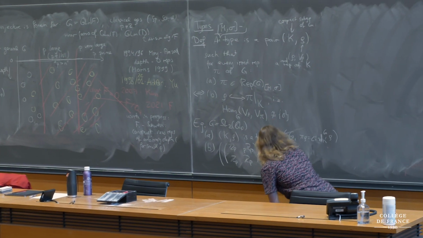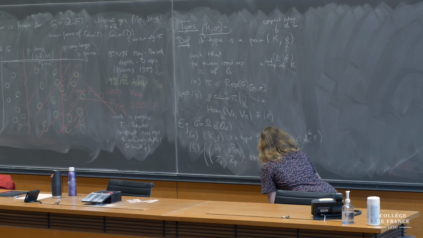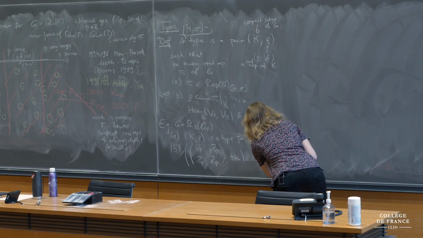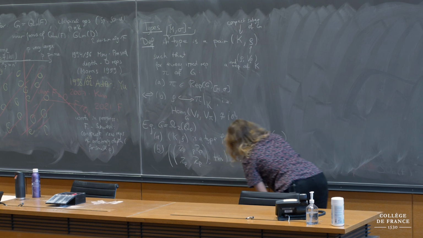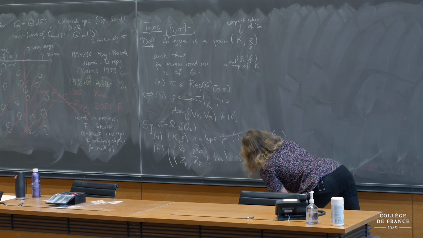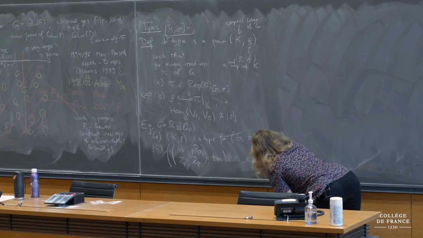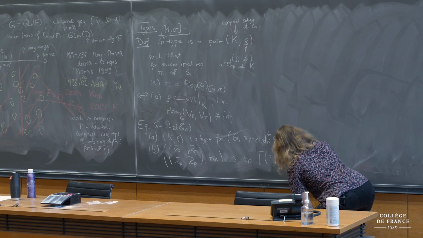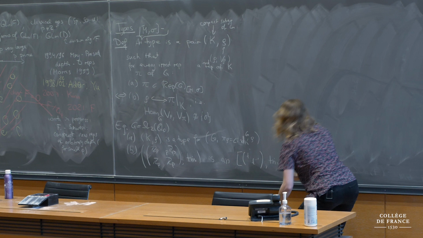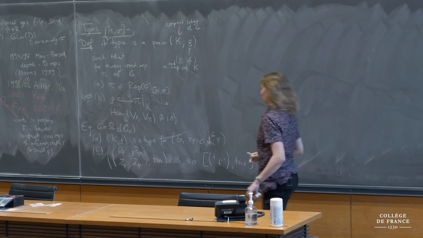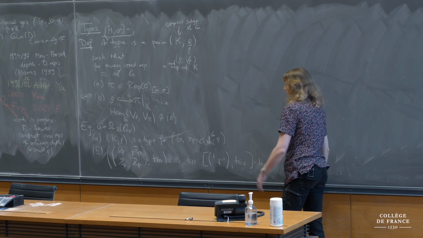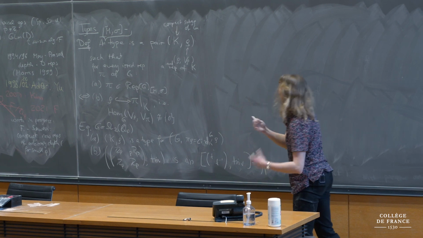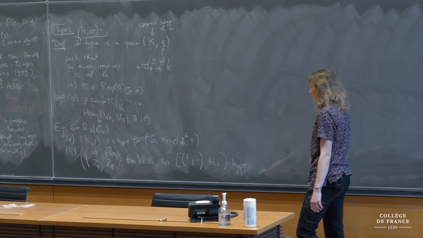And that is a type for the diagonal matrices, this t, t inverse, together with the trivial representation. So these are two examples of types for the two Bernstein blocks that we have encountered earlier. This is how we can detect if we are in the Bernstein block or not.